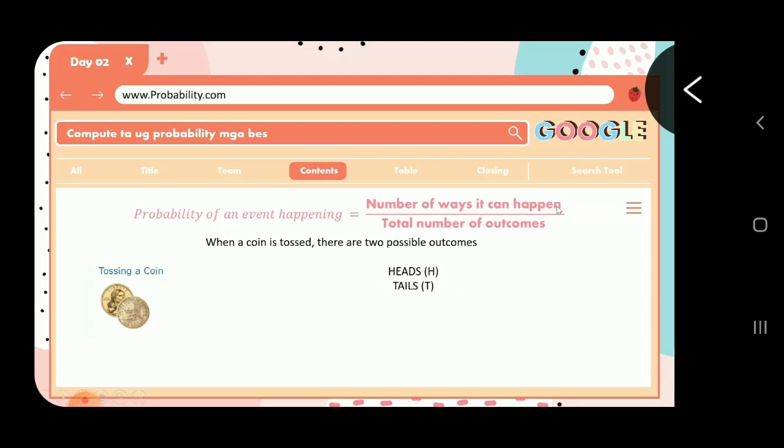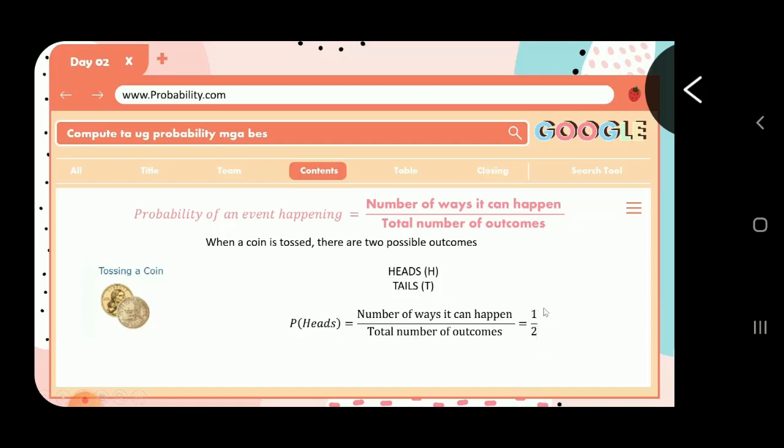Ang imong numerator class kay number of ways it can happen, depende siya sa pangutana. Kung akong question sa imo kay, what is the probability nga ang mugawas kay head? Pila may kabuok head sa isa ka coin?